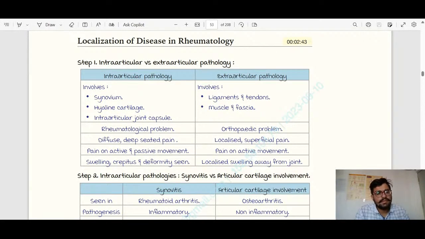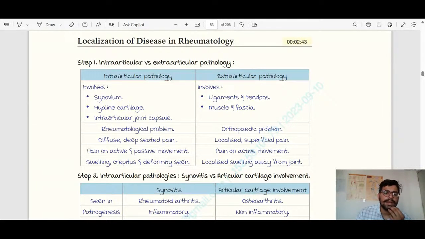In this we will start the rheumatic field, which is a very large topic in medicine. First we will classify the diseases of rheumatology, and then we will explain one by one each disease, its investigation, treatment, and its major important factors and clinical features.